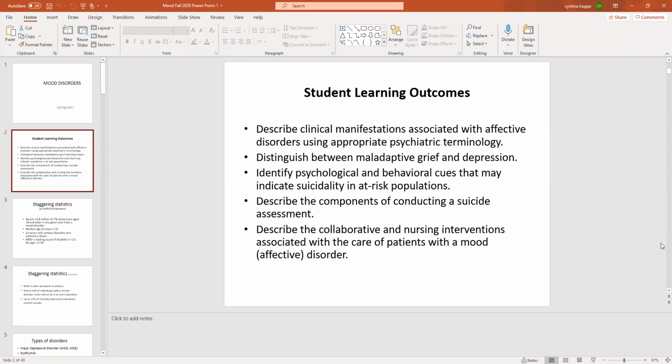We know that an elderly male is going through many, many losses, and men may not be discussing their feelings and issues that they're dealing with.